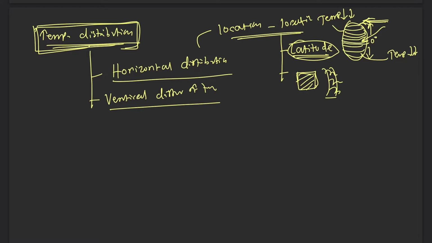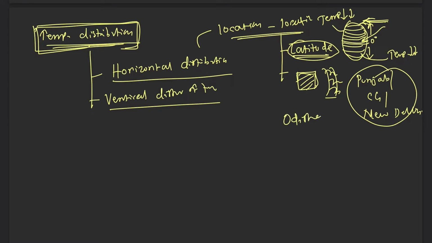Suppose one place is not surrounded by any water body, for example Punjab, Chhattisgarh or New Delhi, and another place is Odisha or West Bengal.